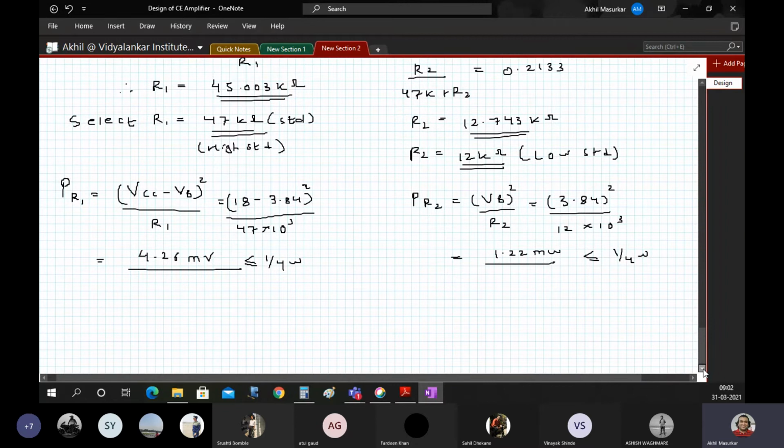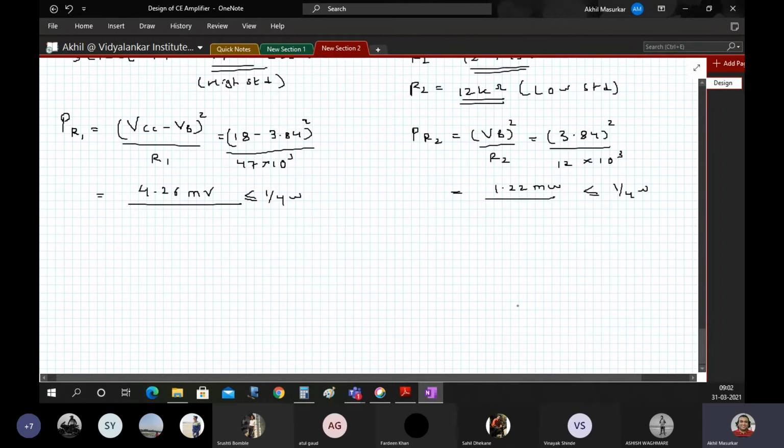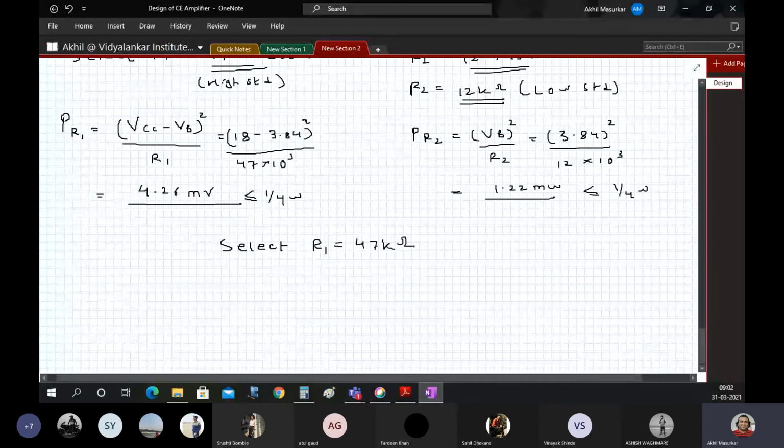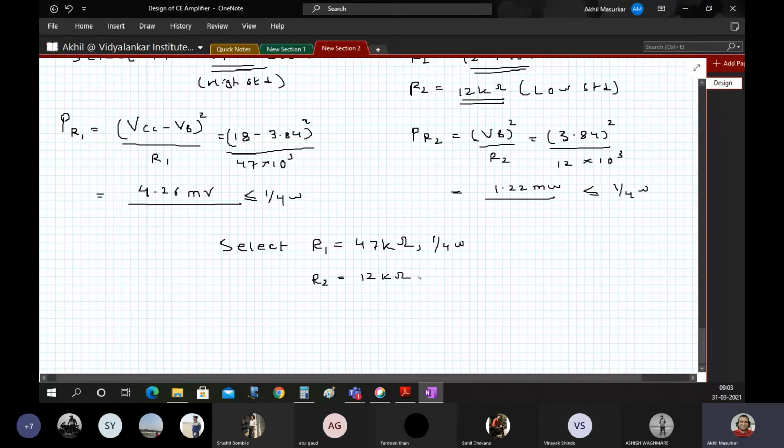So now I can write here, select R1 equal to 47 kilo ohms quarter watt. Select R2 as 12 kilo ohms quarter watt.